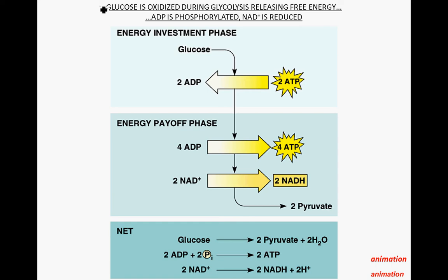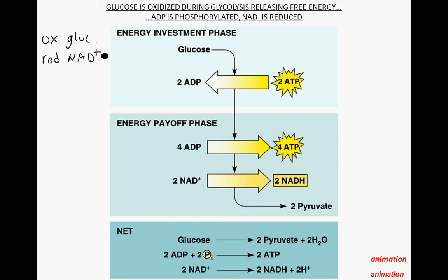So in glycolysis, glucose is going to be oxidized during glycolysis, releasing free energy. And then ADP is phosphorylated, and NAD plus is reduced. So we're going to essentially oxidize glucose, and we're going to reduce NAD plus in its simplest terms.